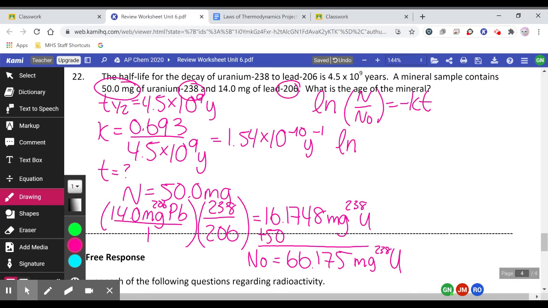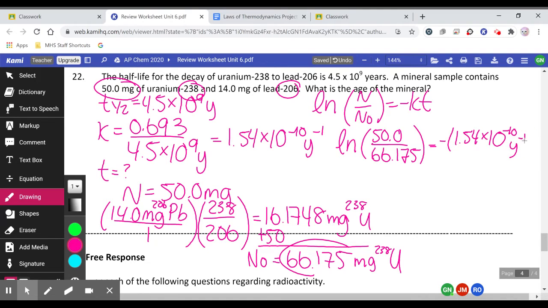Okay, let's have our natural log of N. N is going to be how much uranium we have now, which is the 50.0 milligrams, over our initial amount, which is our total down here, the 66.175, equals our negative k, so 1.54 times 10 to the negative 10, year to the minus 1, and we are still solving for time on this one.